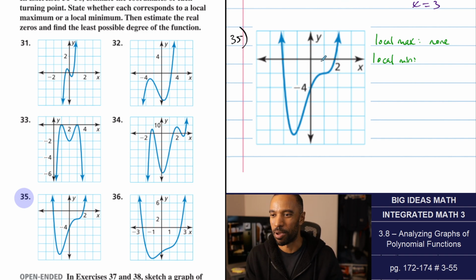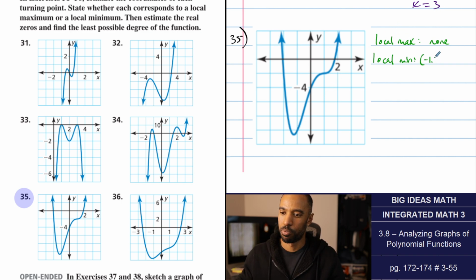All right, these are going by 1s and these are going by 2s. So this is negative 1.2 comma negative 2, 4, 6, 8, 10. That's 12. So negative 10.5. So negative 1 point, I'll say negative 1.25, negative 10.5.